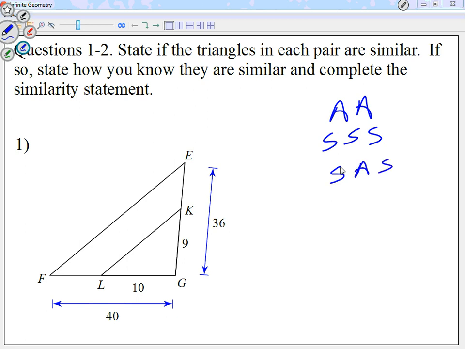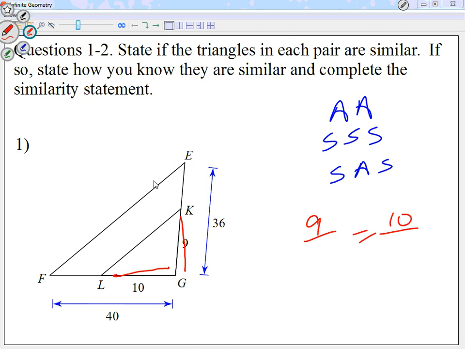So we're trying to match one of those rules. When it comes to angles, the angles have to be the same. When it comes to sides, the sides have to be proportional. What I mean is, if we look at the small triangle, I see the numbers 9 and 10. So I'm just going to list my numbers 9 and 10 from small to large.